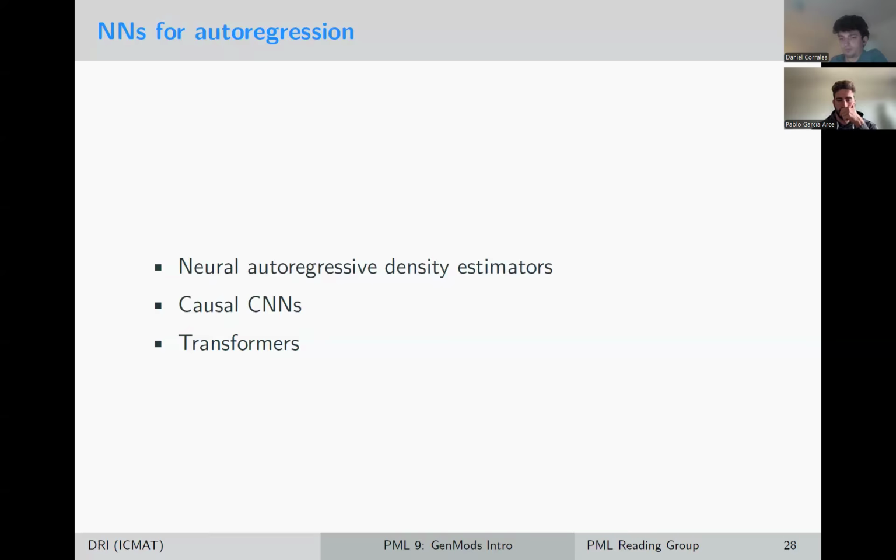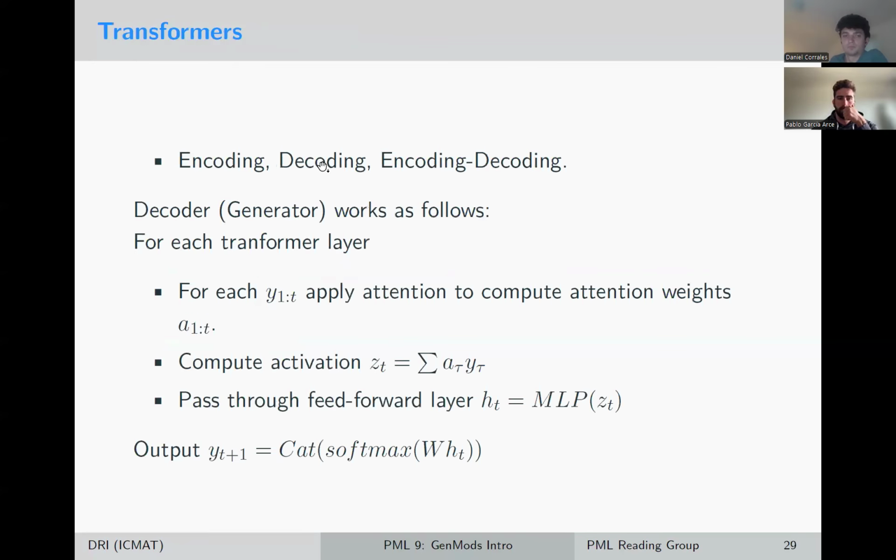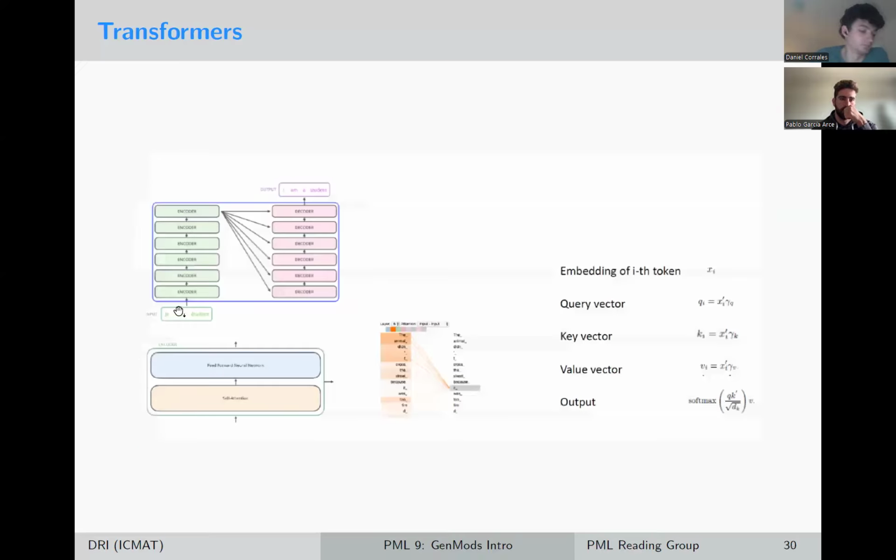So I will talk a little bit about them, but not so much because we have talked about them before. Basically, transformers have been used for encoding and decoding purposes. Let me go to the picture. There are several encoder and decoder layers. Each of the encoder layers computes the self-attention.